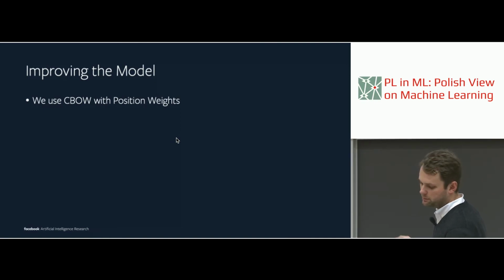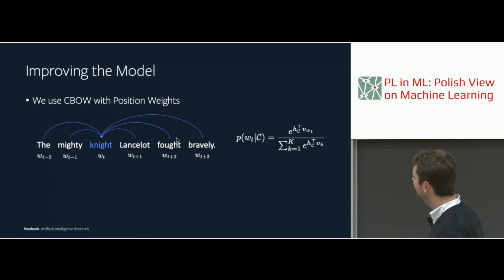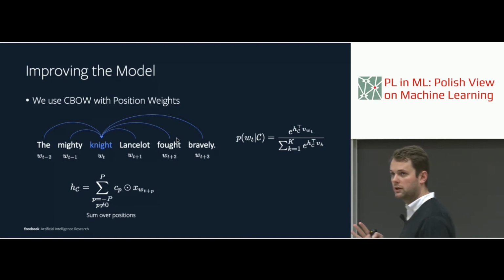So in this paper, we experimented with CBOW with position weights. So again, this horrible sentence. And here, given the context, we now predict the word. Again, the same softmax. But now, the feature for the context is going to be the sum over all positions except the position that you're interested in of a position embedding.